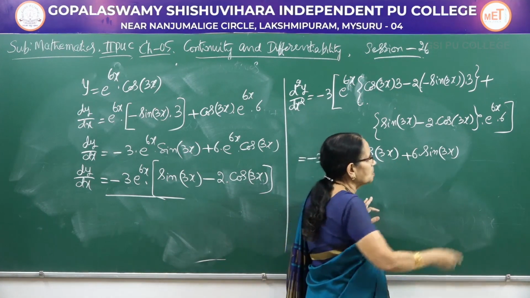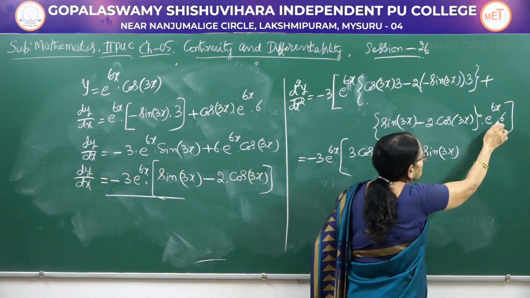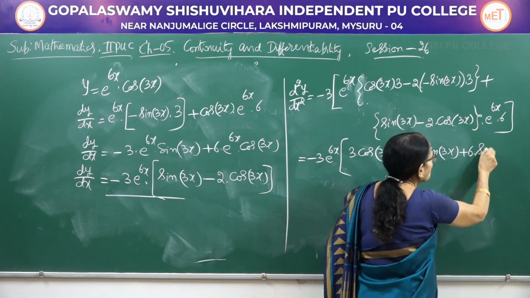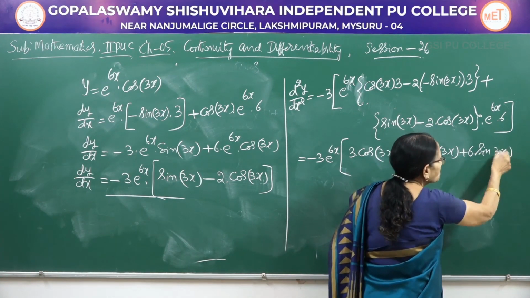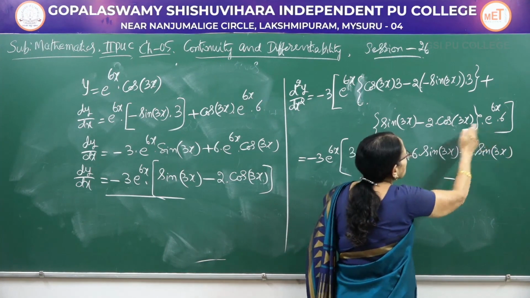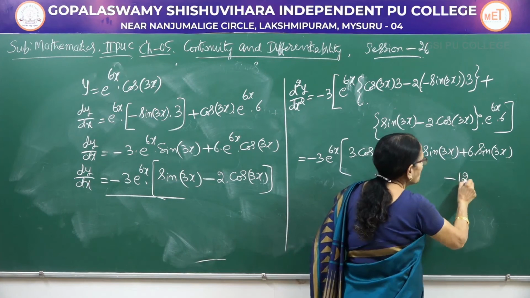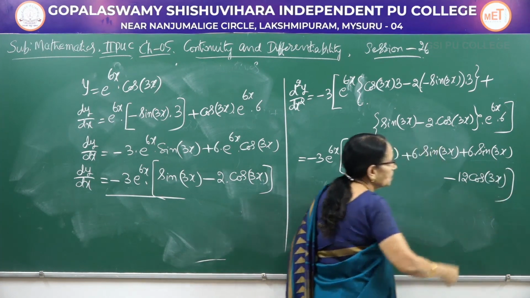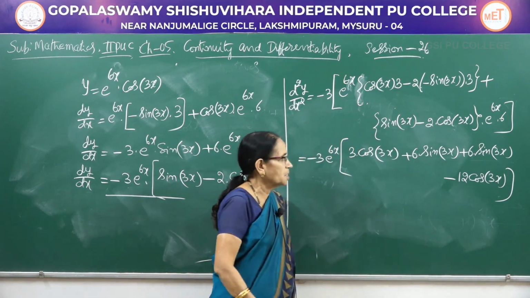Here we don't have any problem. This has come out, 6 is remaining. 6 into sine of 3x, and then minus 6 into minus 2, that is 12 times cos of 3x.